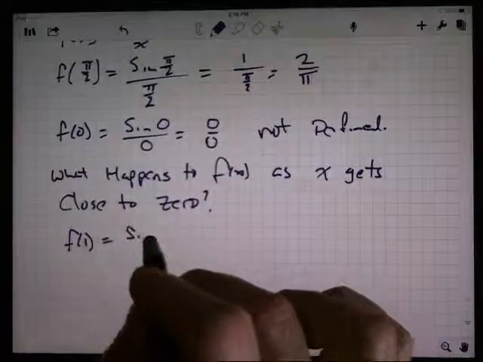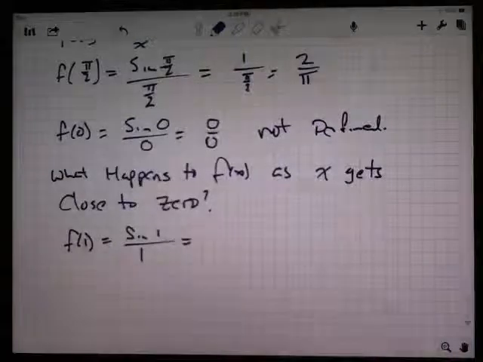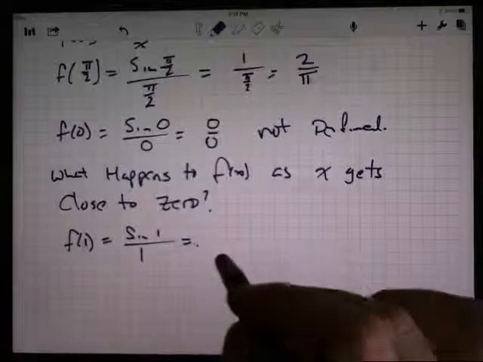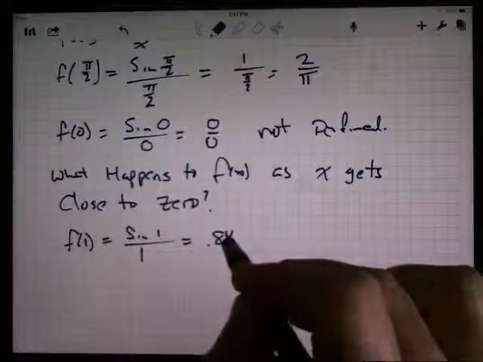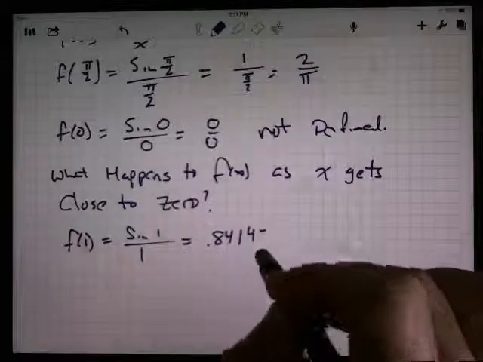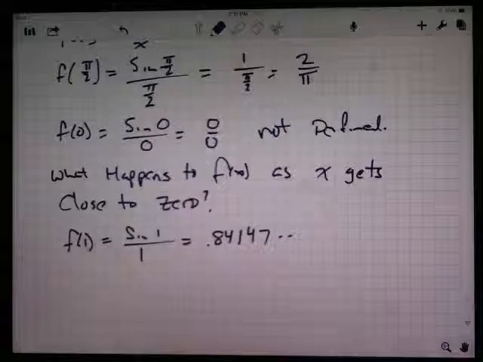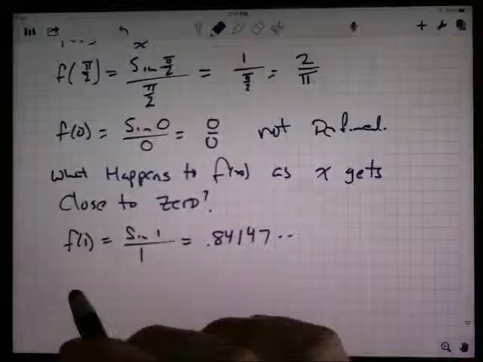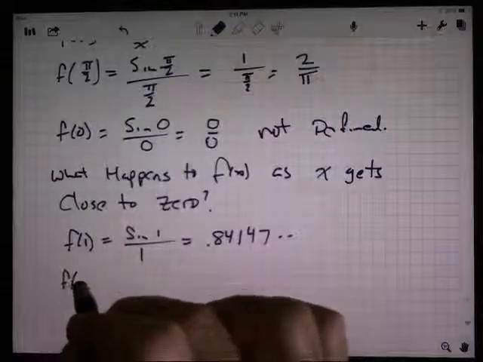This would be sine of 1 divided by 1, which is equal to, I get out my handy dandy calculator, and I find that it's equal to 0.84147, whatever, right? Now, some of you may say, well, 1 wasn't really very close to 0. Well, let's try closer. How about f of 0.1?